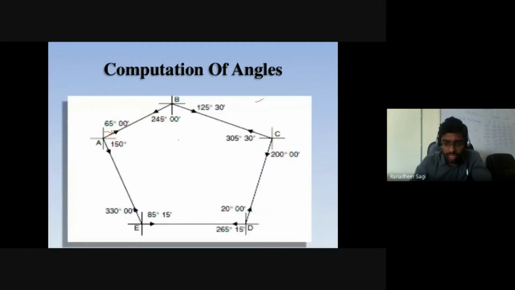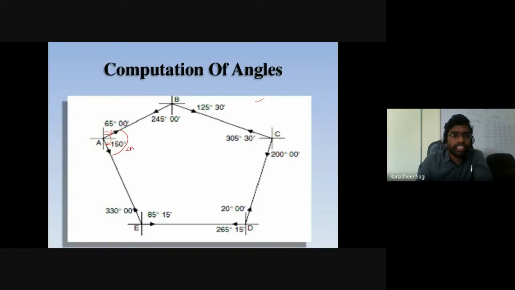That's this angle, which we are indicating from the north. This angle is nothing but the back bearing of line EA. Likewise for all the other stations. Now, I can go ahead in calculating my interior angle at station A, station B, station C, station D, and station E. So what becomes my interior angle at station A?